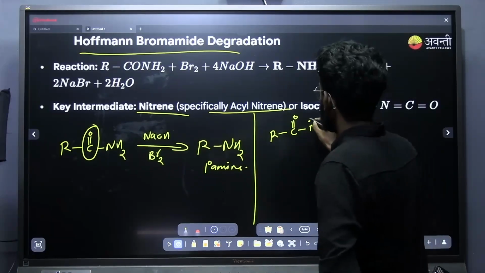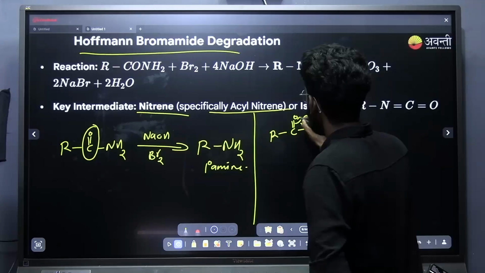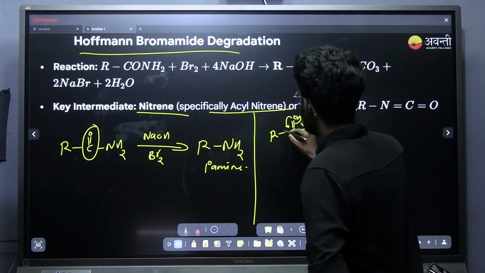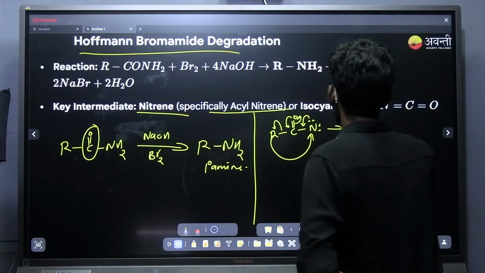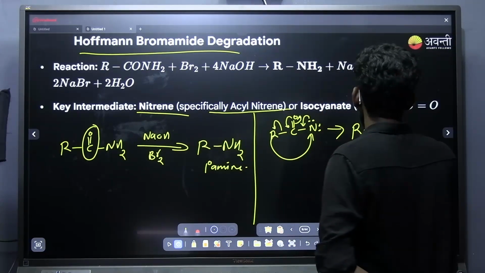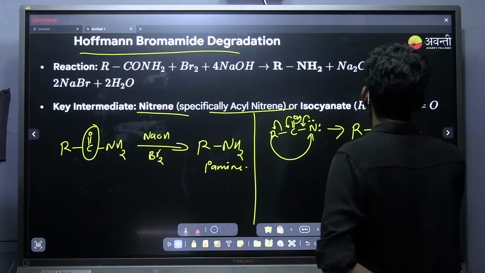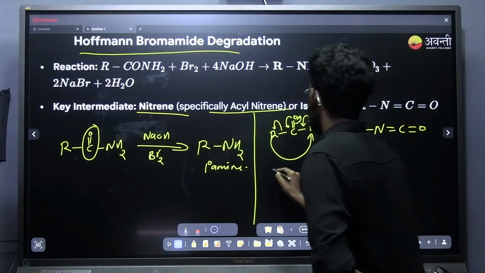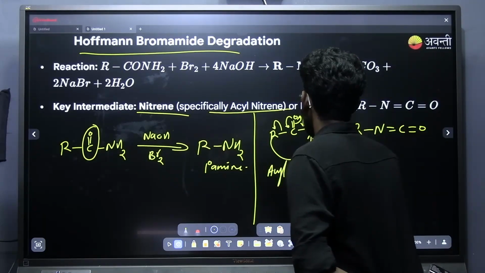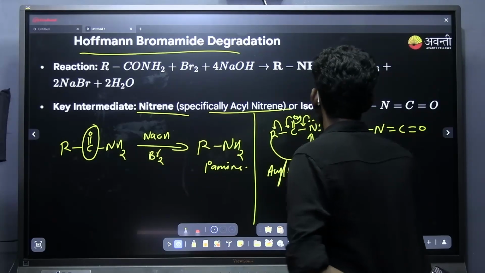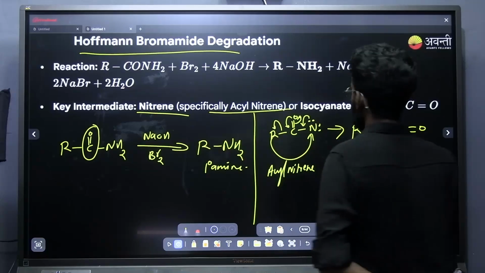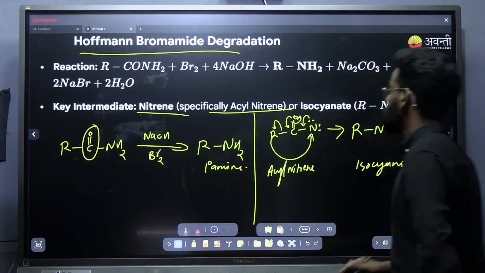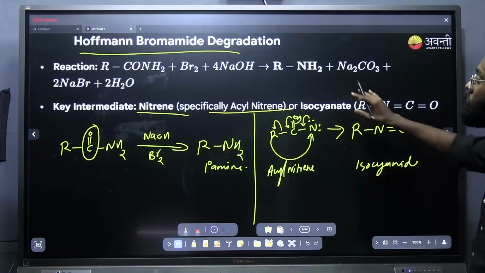What is going to happen is this nitrene will be involved in the Curtius rearrangement, and we will be getting isocyanate. So either acyl nitrene or isocyanate, any of these is the intermediate that is happening in the Hofmann bromamide degradation.